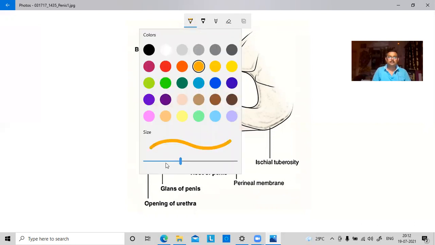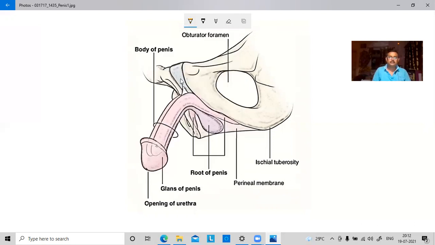The apex of it is attached at the symphysis pubis like this, and the base is continuous around the corpora cavernosa and continues with the deep fascia of the penis. So these are two ligaments which help to suspend the penis.